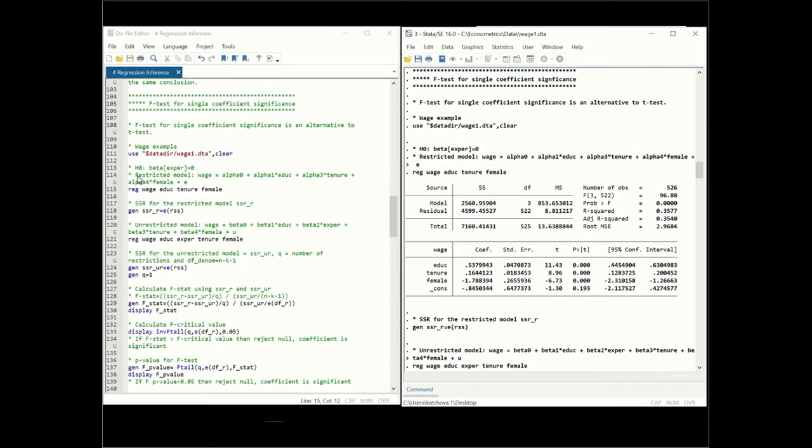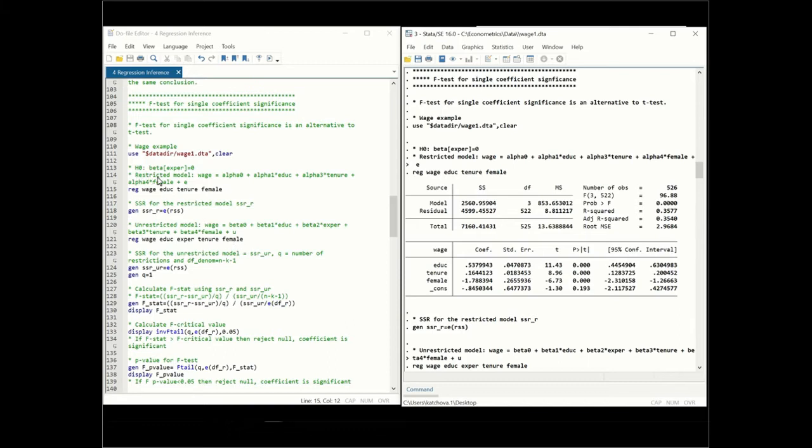But let's use it for just learning purposes. So here we have H0 is the beta on experience equals 0. And this would lead to this unrestricted model. This would be the full model, the unrestricted model that includes all 4 variables. So we have regression of wage on education, experience, tenure, and female.